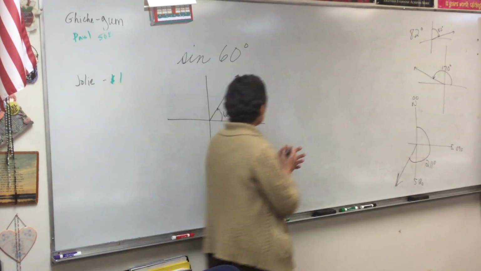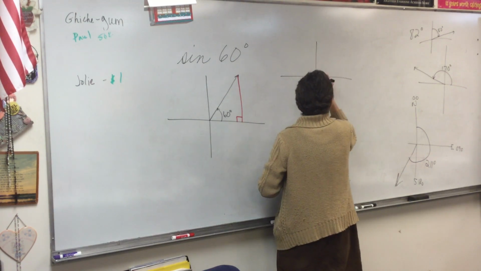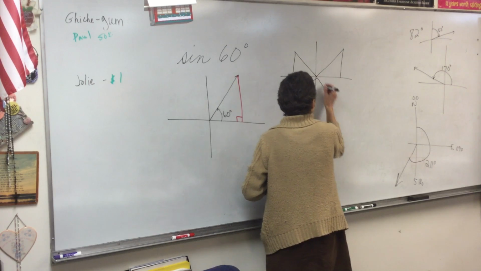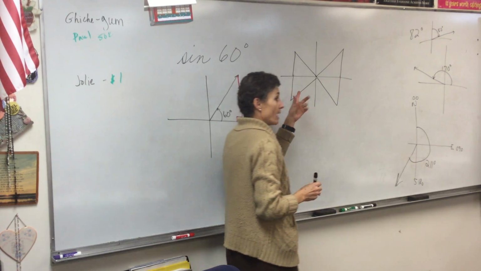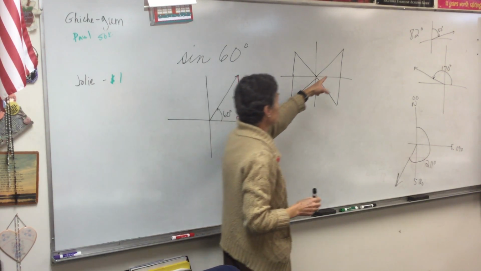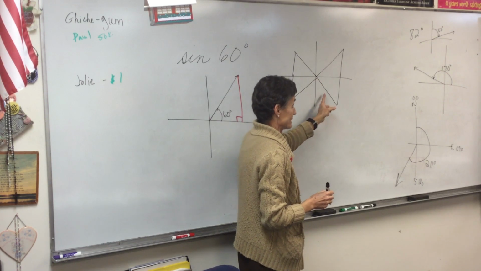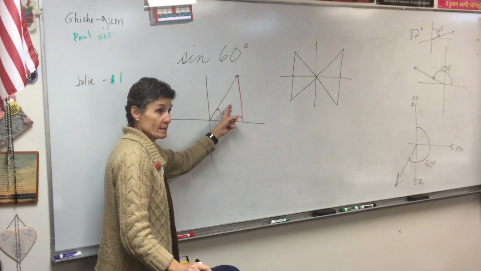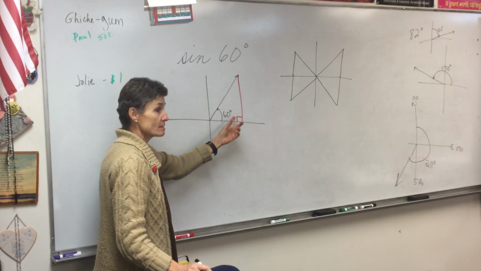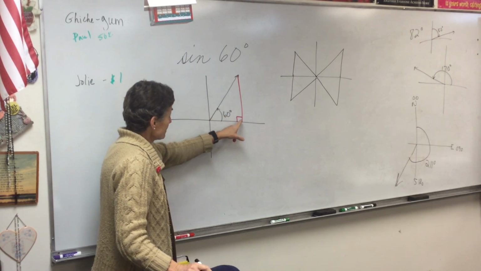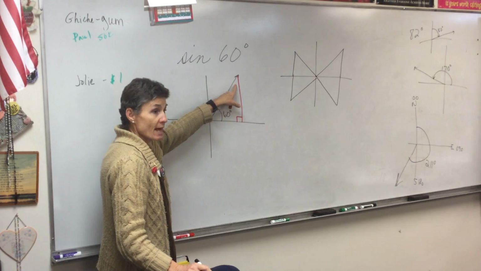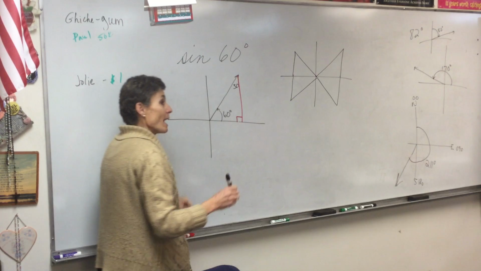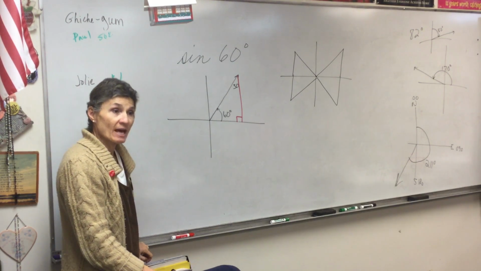No matter what you draw, the perpendicular has to come to the x-axis. So I call this the butterfly bow tie. Every triangle you draw will be a piece of the butterfly bow tie. I happen to have quadrant 1 here. There it is. That's a 60. That's a 90. Oh my gosh, what's that? A 30.